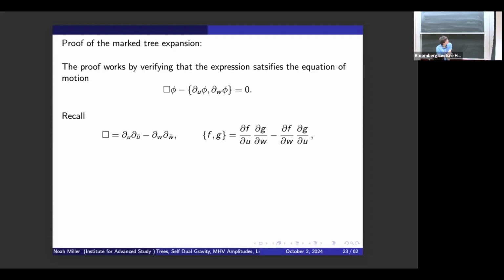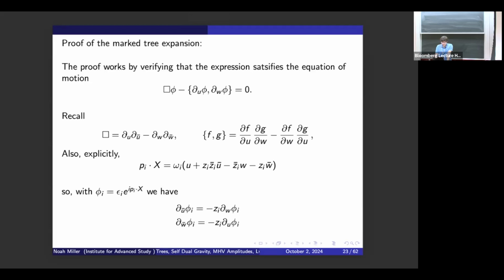Recall here we have the box, the wave operator, and right here we have a Poisson bracket, and explicitly p dot x is this combination of u bar w bar. Notably, when you take the exponential of this thing, if you take a u bar derivative of this seed function, it's the same thing as taking a w derivative times minus zi.